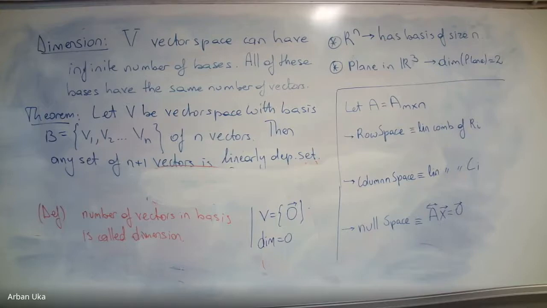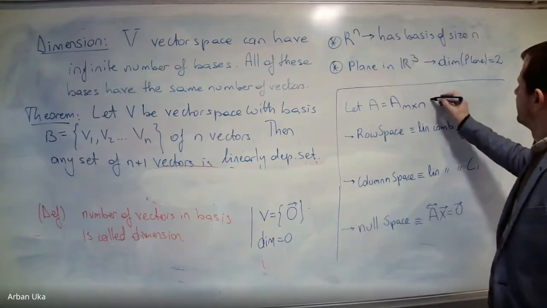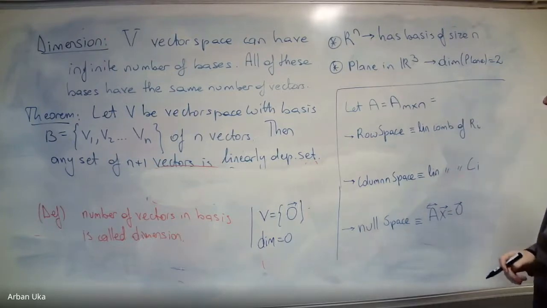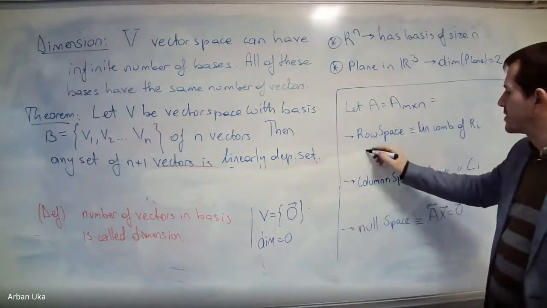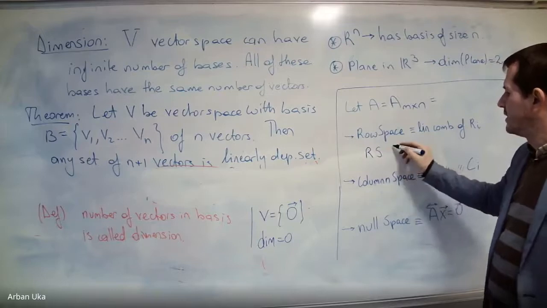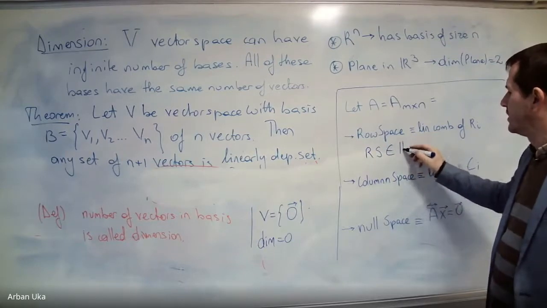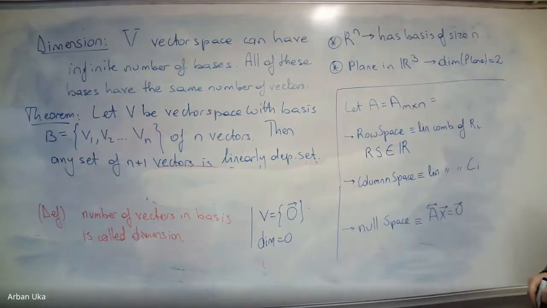One thing that we can look at is the following. The row space, let's call it Rs, is a subset of which space? R what? Rm or Rn?